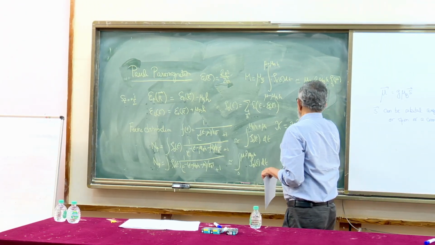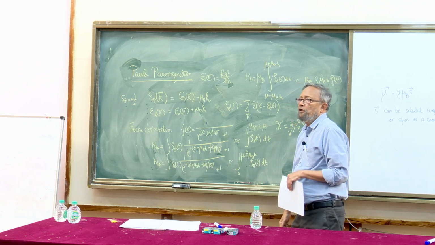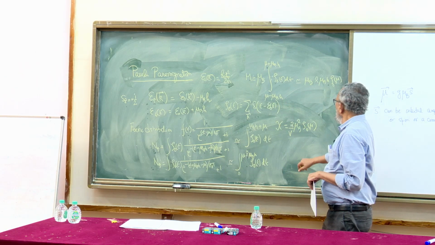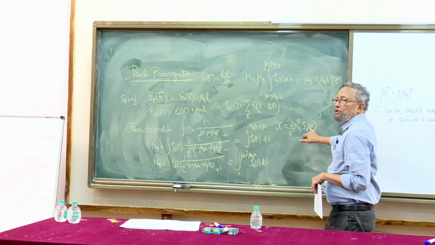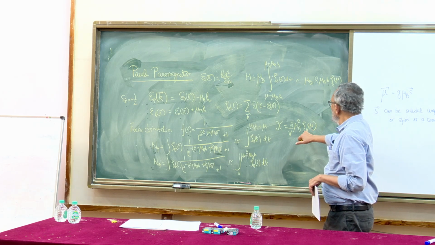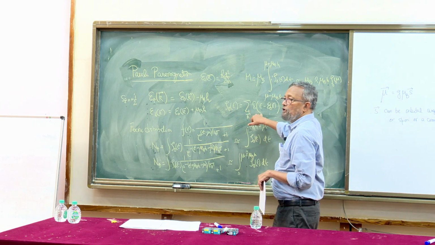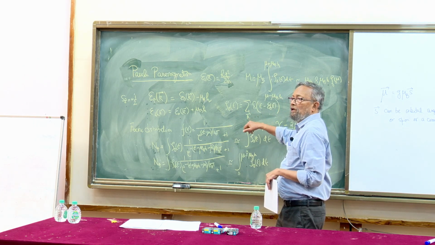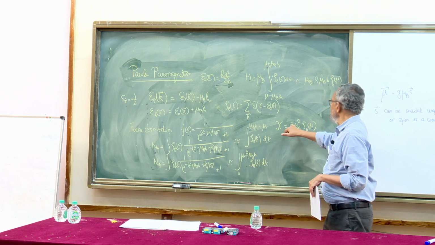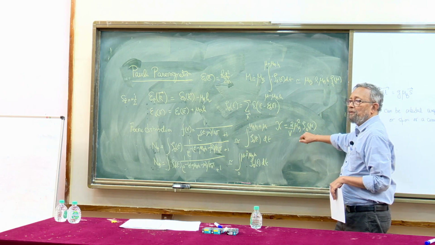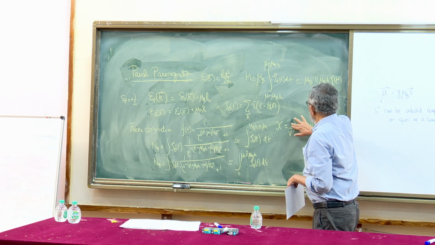And if you want to put in a 1 over volume, looking at intensive versus extensive, then you put in a volume there: mu_B squared and the density of states at the chemical potential. You remember that in the definition of this density of states, we looked at only one kind of spin, we didn't have a factor of 2. I can put this factor of 2 here, absorb that, and that just becomes the total density of states.